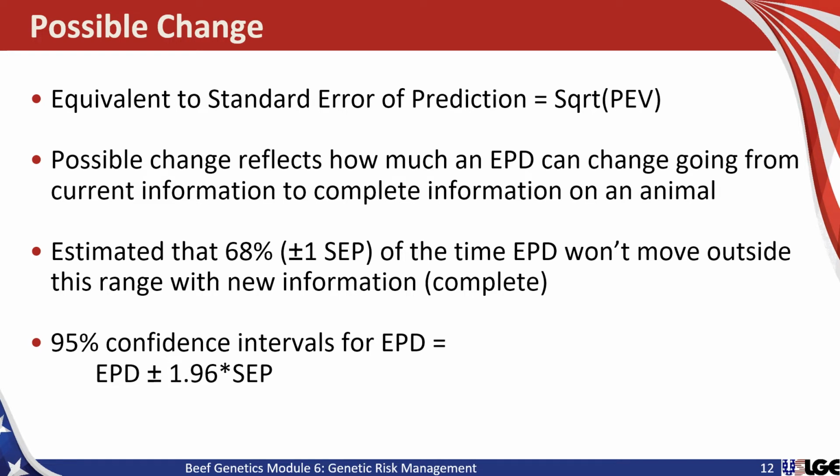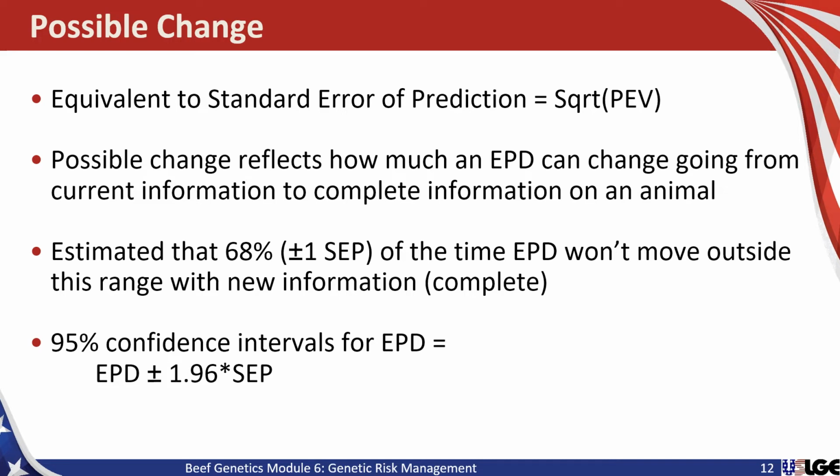To many of you non-animal breeders, that doesn't mean a lot, but possible change reflects how much an EPD can change, going from the current level of information to complete information. So the idea here is that we get an idea of how precise our estimate of this mean is, or the EPD, much like we do in other statistical processes. And it enables us, via accuracy, to build an interval around an EPD to speak to what confidence we have about the animal's true breeding value existing in a certain range, centered upon that animal's EPD.